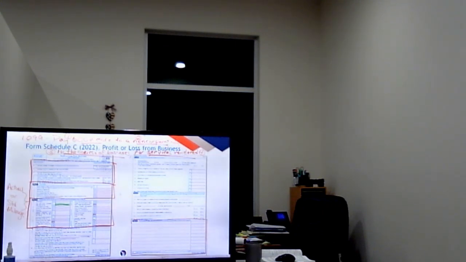The standard mileage rate changes every year, and the IRS hires an accounting company to survey the whole country and see what the average cost of operating a vehicle is nationwide. And so in 2023, this is 65.5 cents per mile.